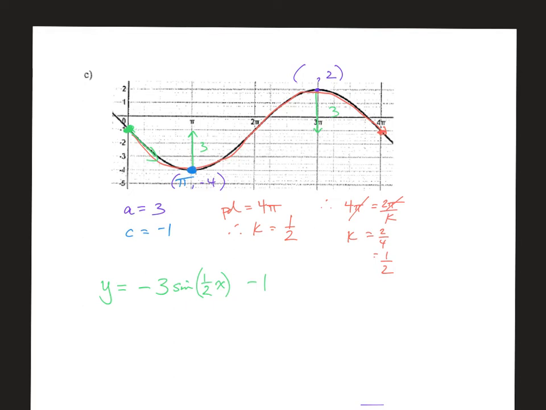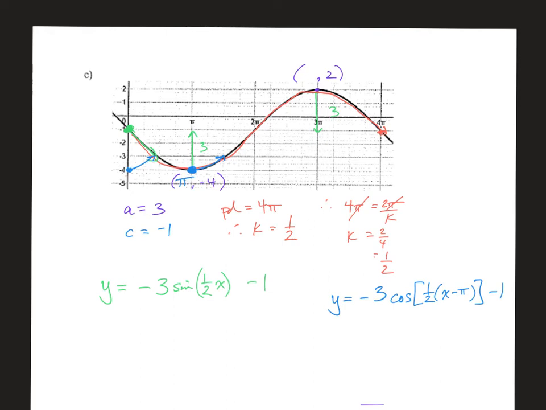Well, I know that I can get to that minimum value pretty quick if I reflect my cos curve. Reflecting my cos graph puts me on the bottom, rising, which is just like what's happening at my minimum. So if I deal with my amplitude and my stretch factor, then I notice that all I have to do is shift that curve to the right pi units.